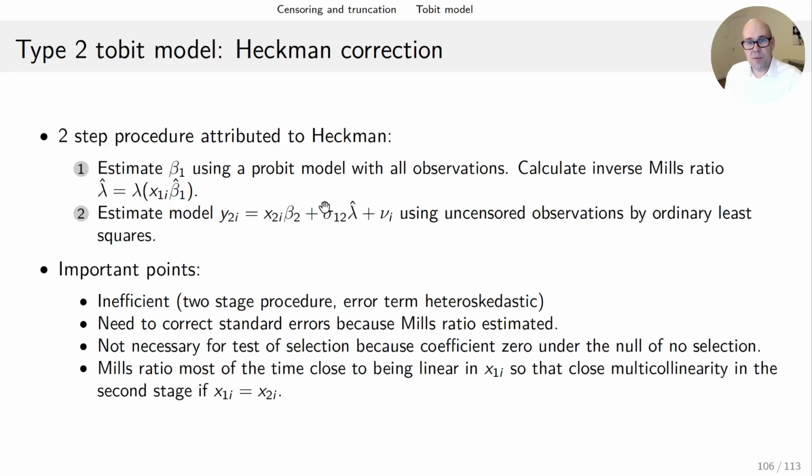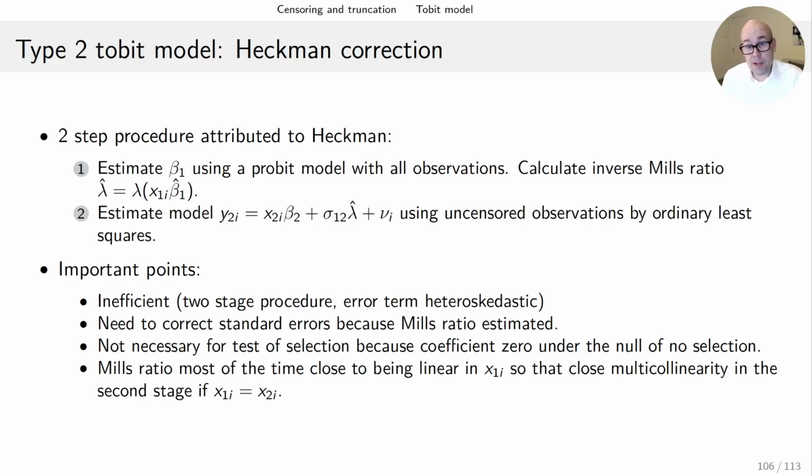The mistake that we would be making by running a regression of y2i on x2i is captured by including this additional variable. So this can be thought of as an omitted variable. If we omit it, we make a mistake, and then we get a bias due to censoring.